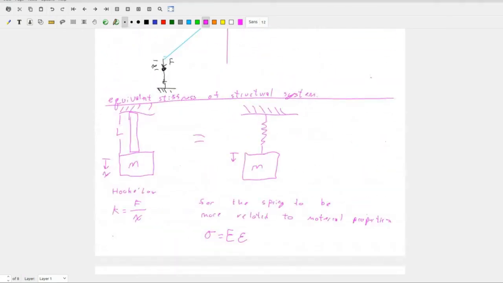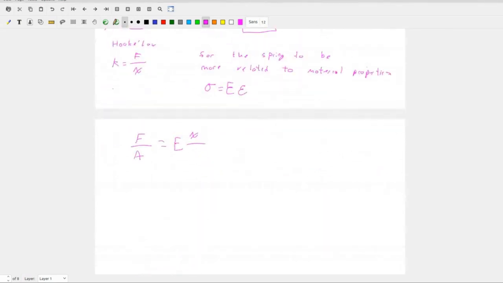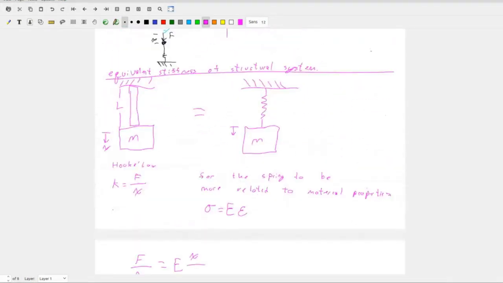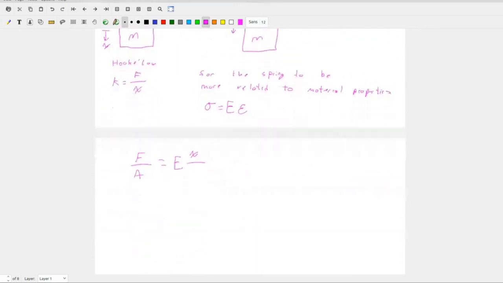initial length, I called it capital L, but I'm going to call it lowercase l here. Did I call it capital L in the note? Nope, I just transcribed it wrong here. So let me fix that. There's a lowercase l. All right.